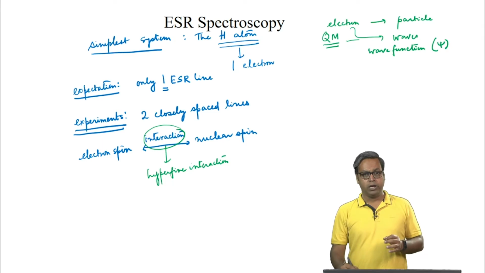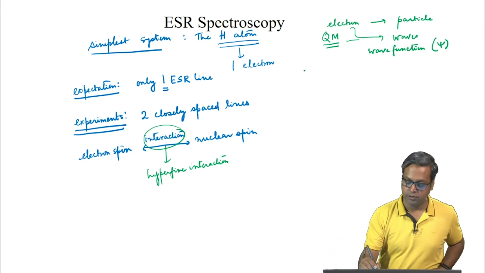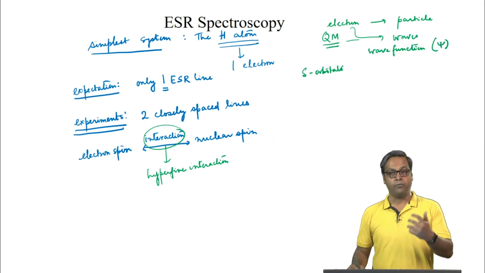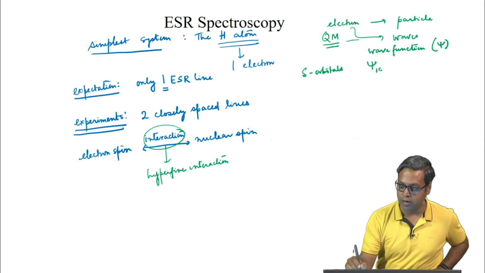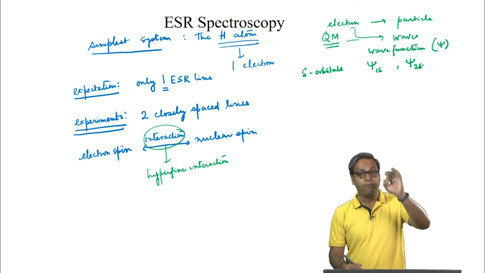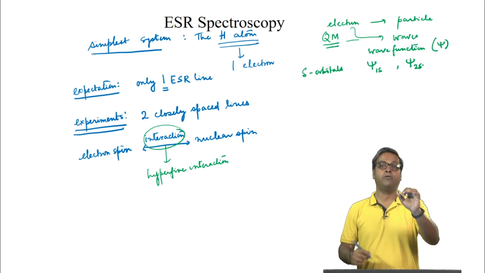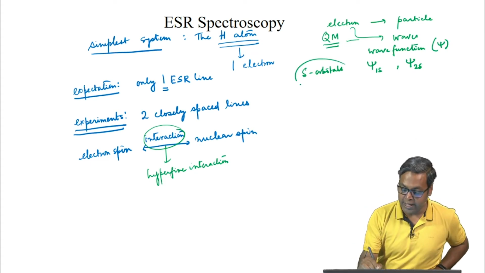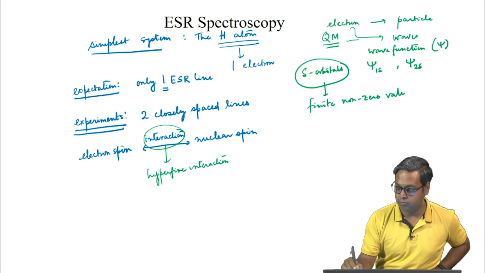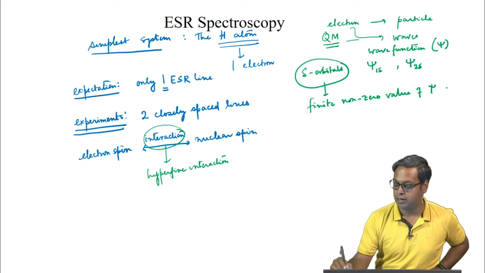It is known that for s orbitals, in terms of wave functions we can write psi 1s or psi 2s if we consider the 2s orbital. There is a finite non-zero value of psi at the nucleus.